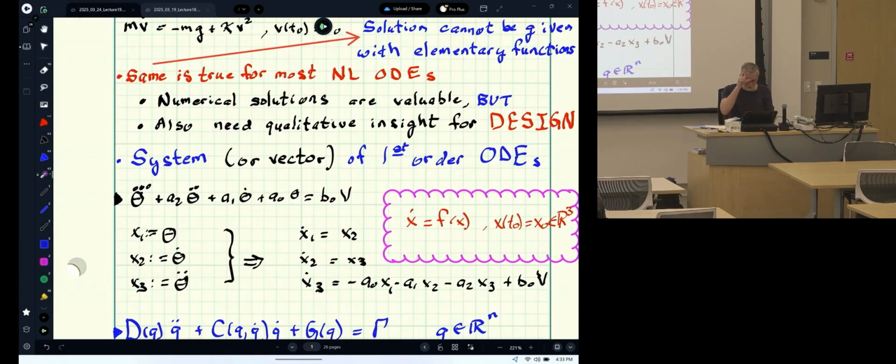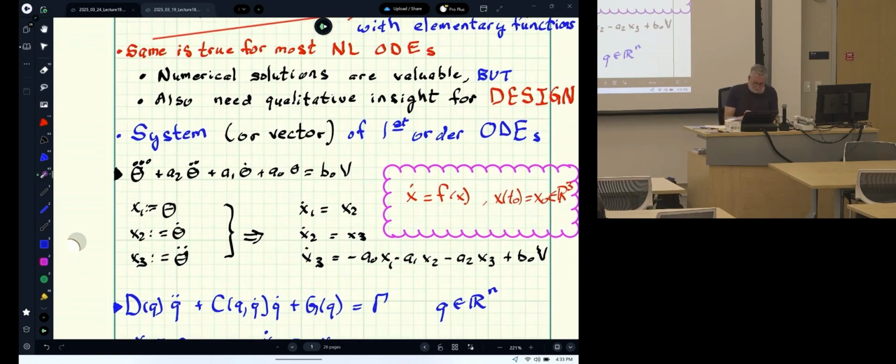And the way those systems come about is, for example, this was taking a pendulum which had a second derivative. The acceleration was equal to minus g over L times sine of theta, and adding a simple DC motor to it and modeling the current through the windings of the motor.